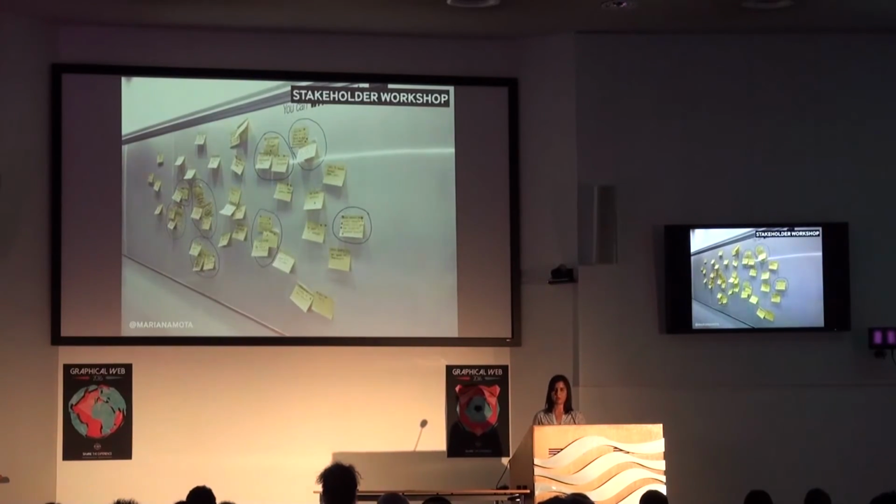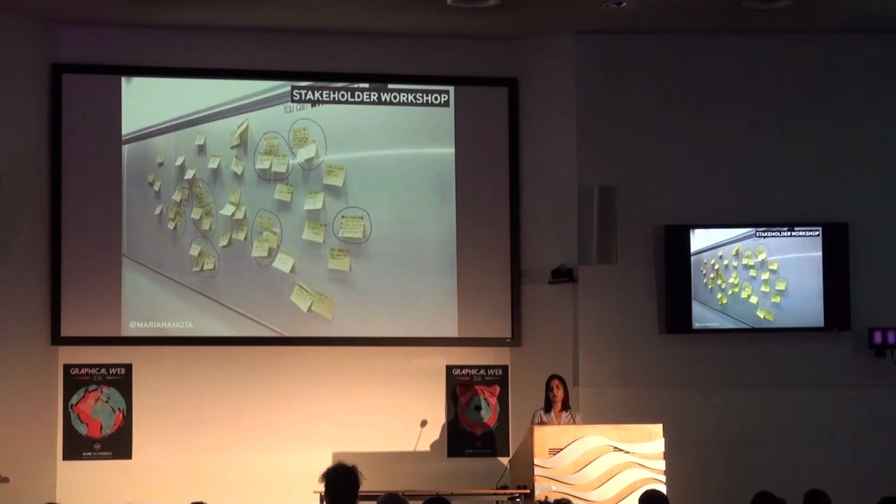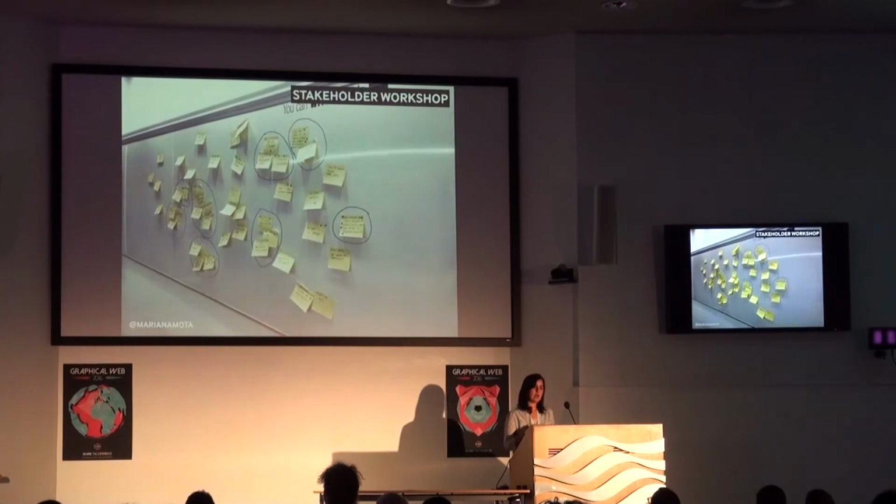Stakeholder workshops are a very good way to get every stakeholder into an agreed decision in a prioritized way. The way we run this is the classic approach: writing down on post-it notes their ideas, or whatever the objective of the workshop is.